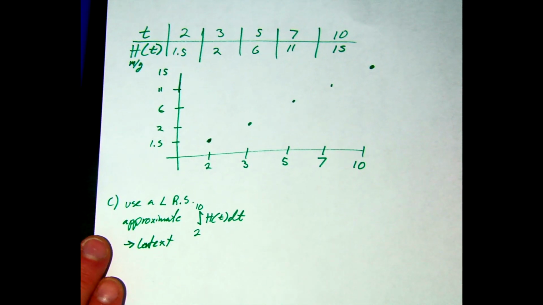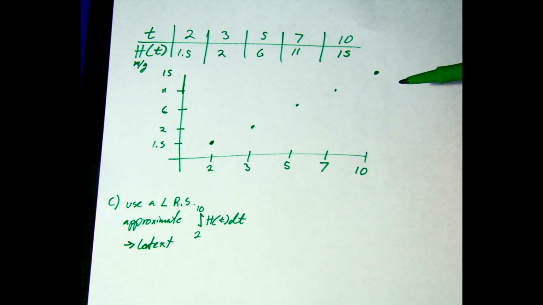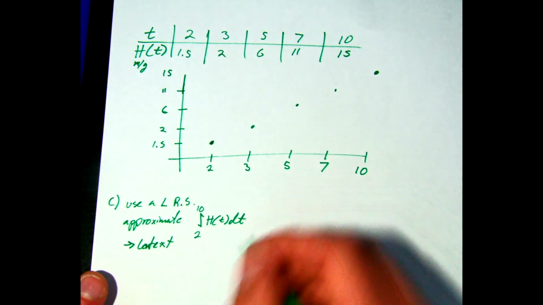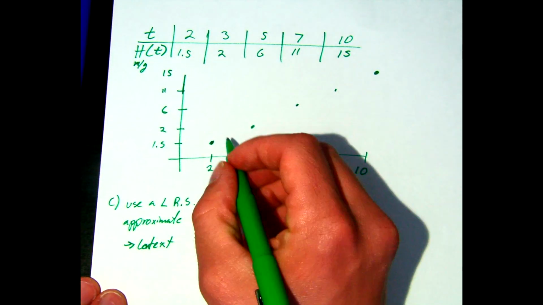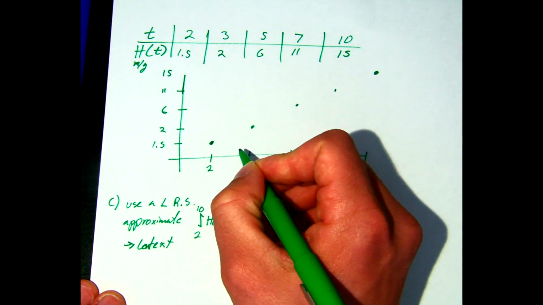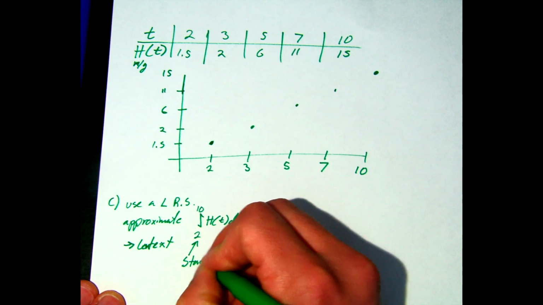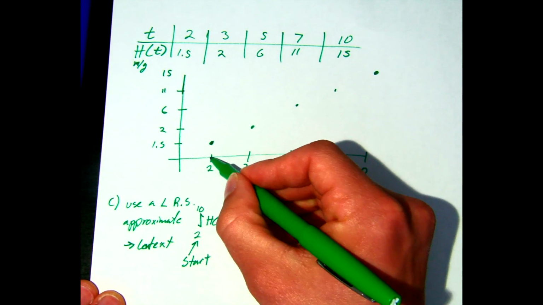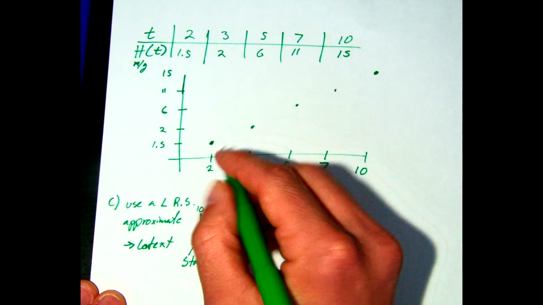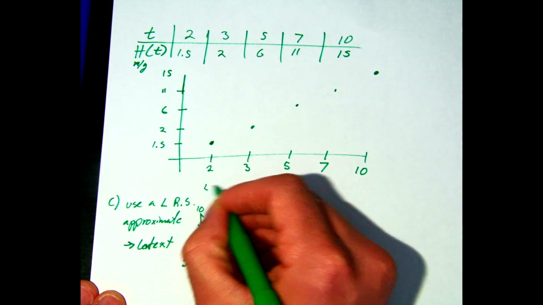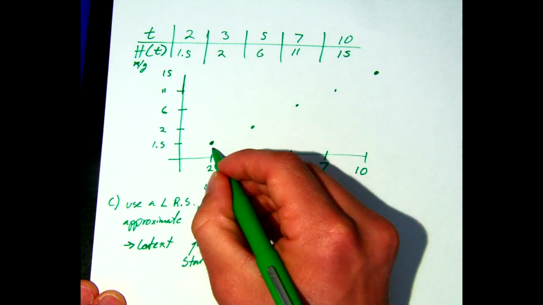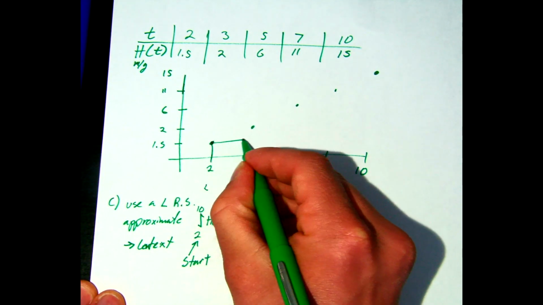Before people learn calculus, they learn to do these approximations using Riemann sums. So this is a left Riemann sum. That means when I'm looking at an interval, and by the way, it tells us to start at 2, I'm going to use the left side. So like this is the left side, this is the right side, and I'm going to draw my box like this.